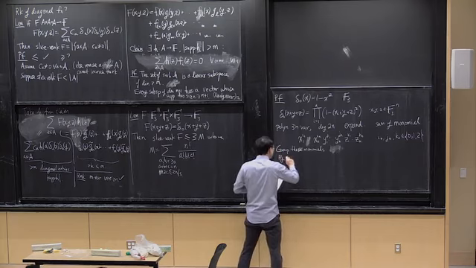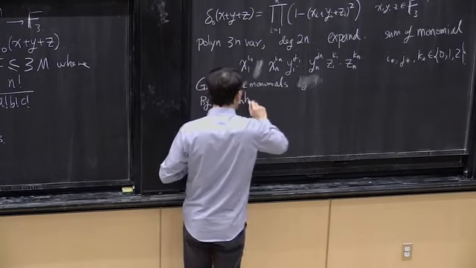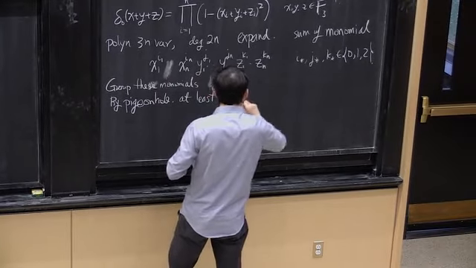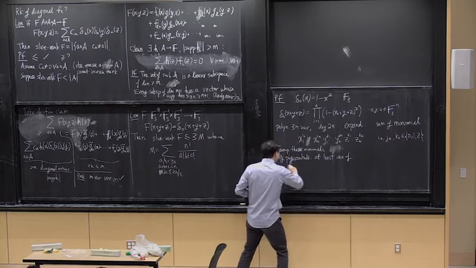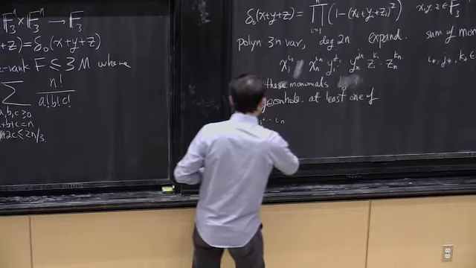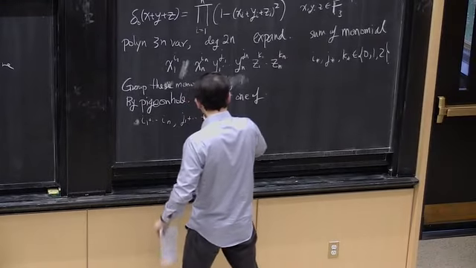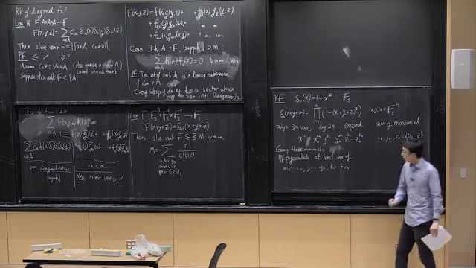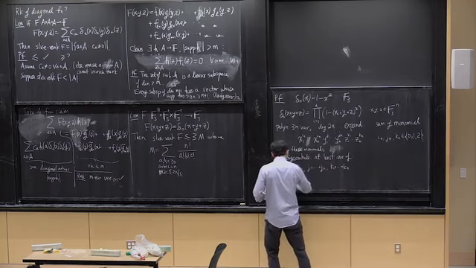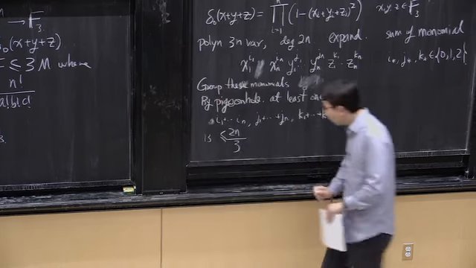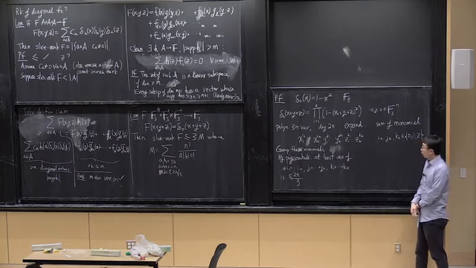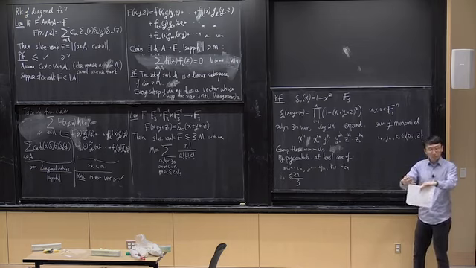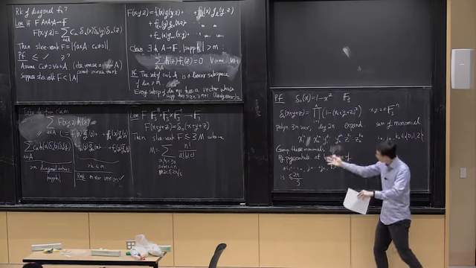By pigeonhole, at least one of the exponents of x, or the exponents of y, or the exponents of z, is at most 2n over 3. So I group these monomials by the one of x, y, z that has the smallest exponent.